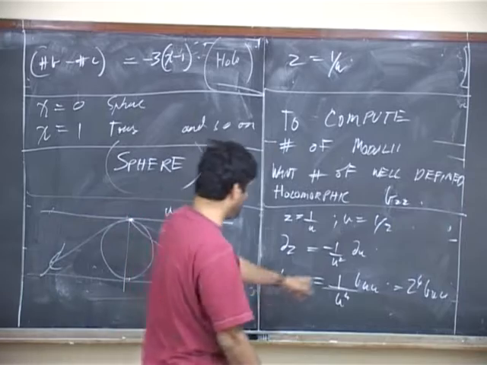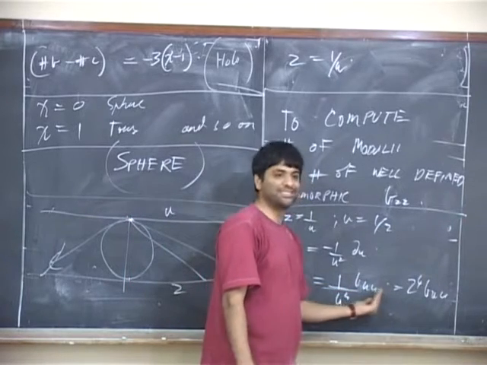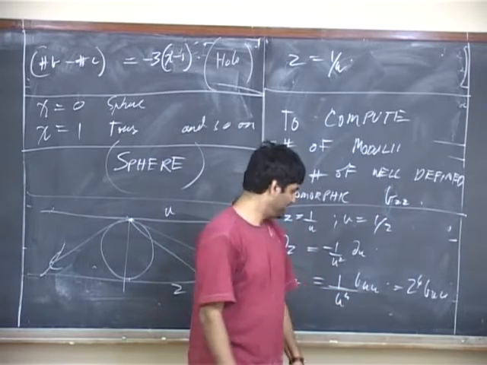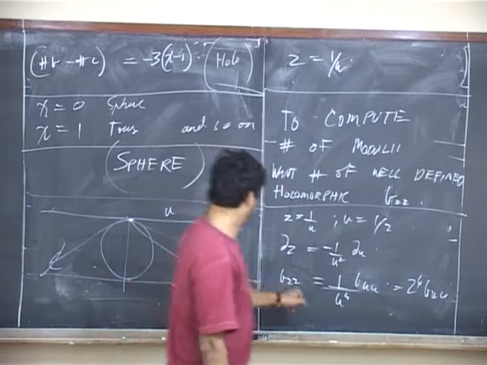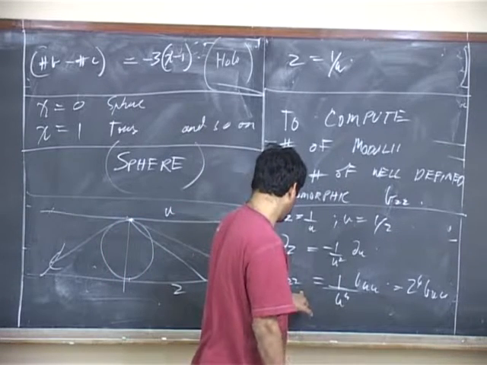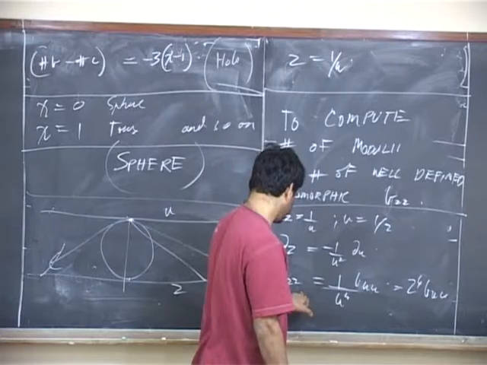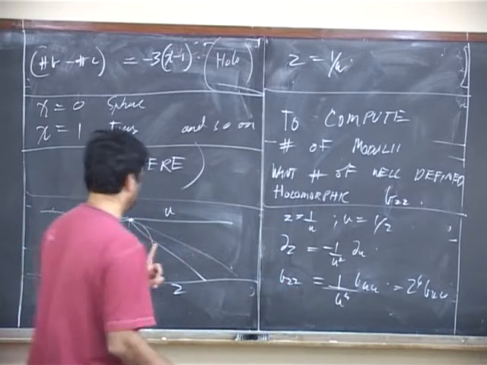Now, if it's well defined at u equals 0, B_uu is well behaved. But, oops, sorry.